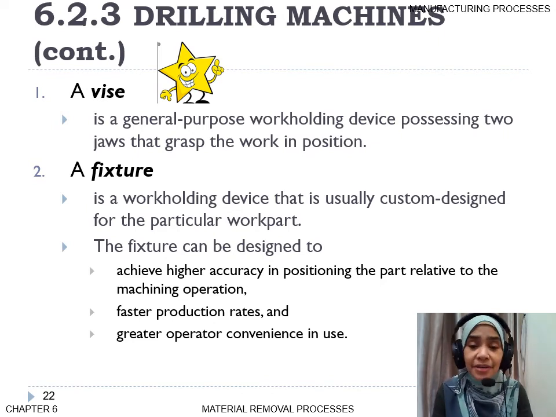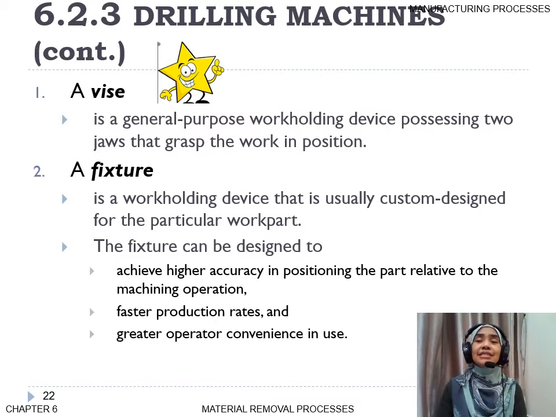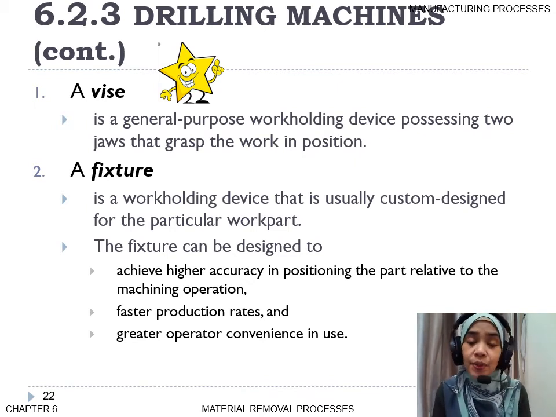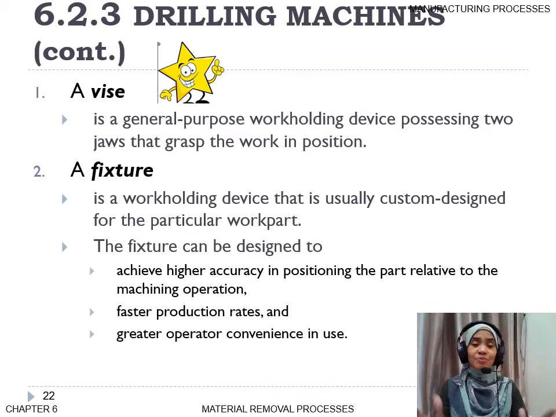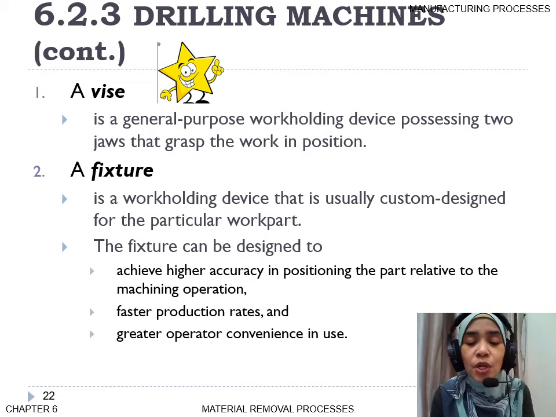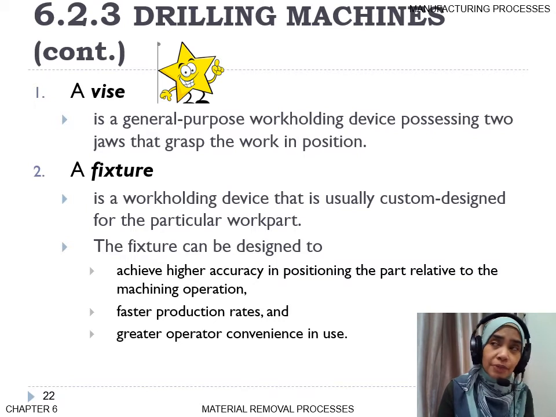Okay, selain daripada vice, kita ada fixture, which is a holding device juga that usually custom design. Okay, direka bentukan khas untuk bentuk work part tertentu. Memang dia dah design untuk this particular work part. So kenapa kita perlu design mengikut kepada particular work part?